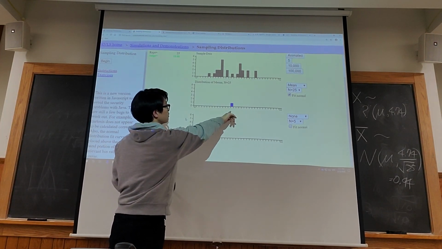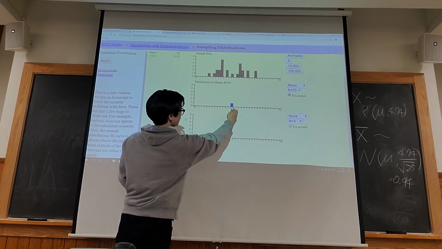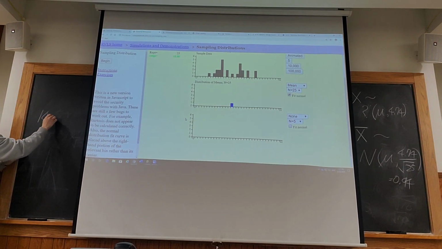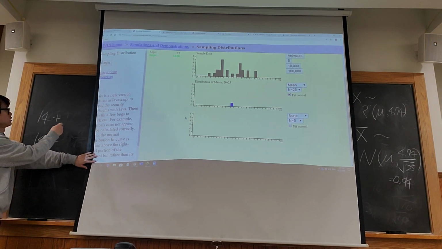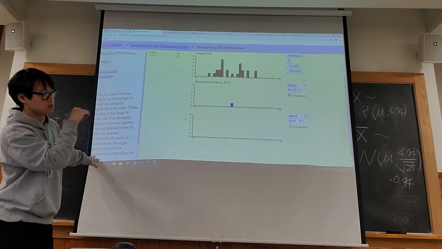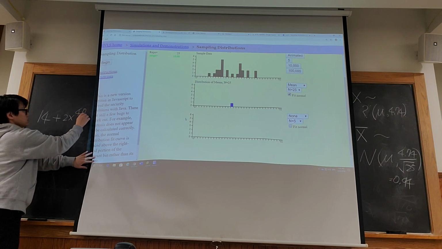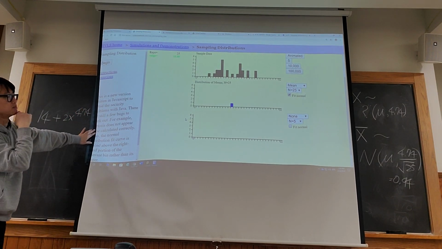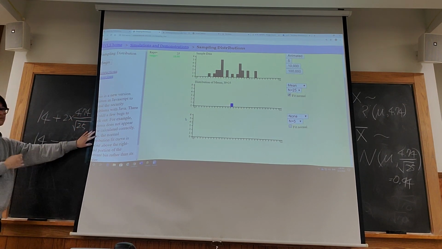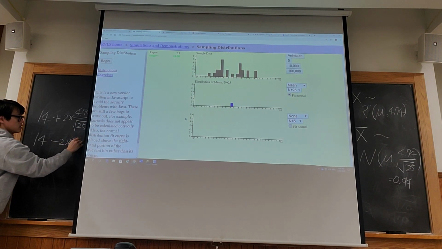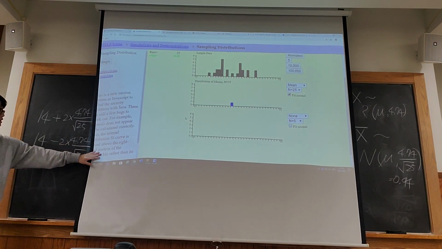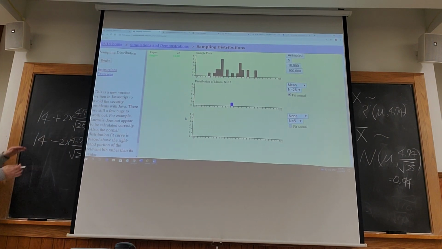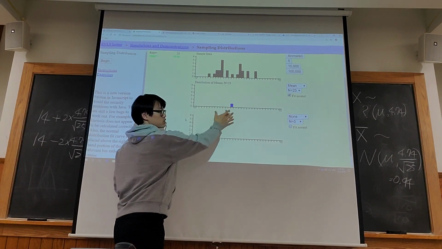So what I'm going to do, I want to use this one. So maybe this one is like 14. I can say, if I take two standard deviations from that sample observation, 2 multiplied by 0.94, which is the population standard deviation divided by the square root of my sample size, then 14 minus 2 multiplied by the standard deviation of the blue boxes, this range will capture 95%.